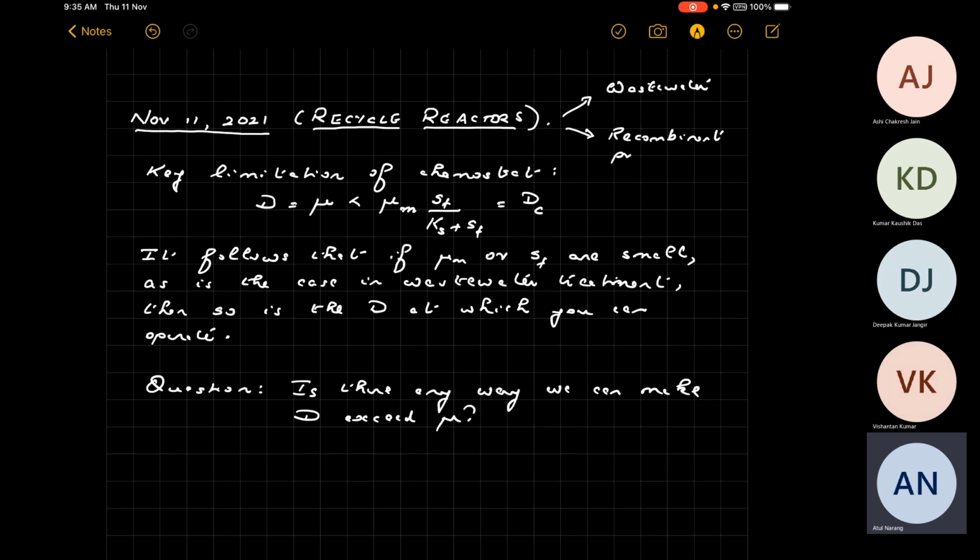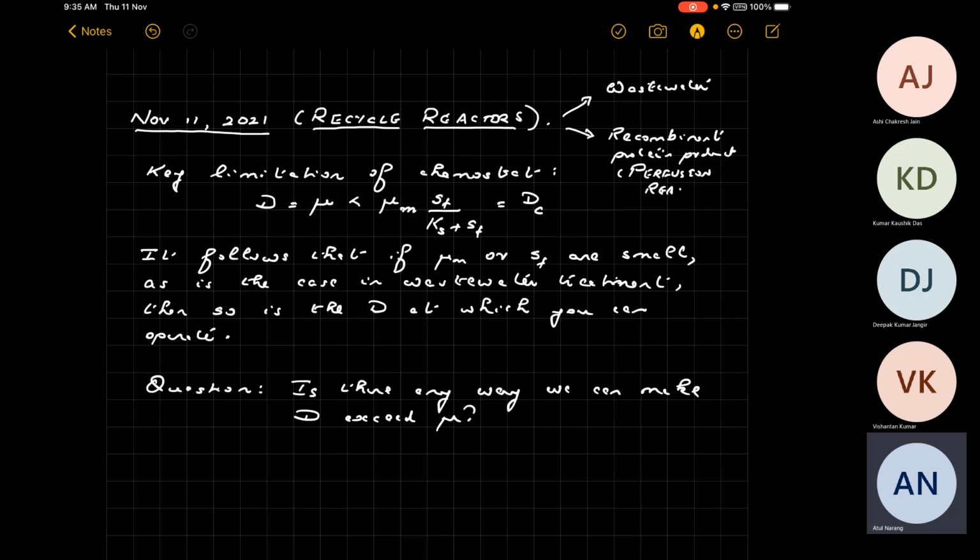The reason why they're important in wastewater treatment will become obvious right at the beginning of the lecture. Why they're important in recombinant protein production, where these reactors are actually not known as recycle, they call them perfusion reactors.